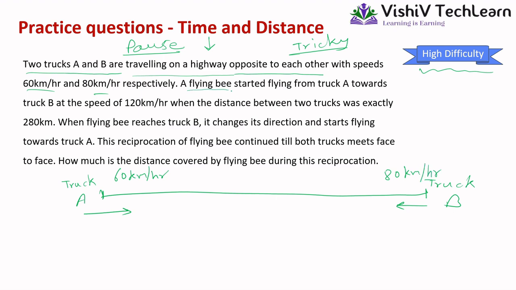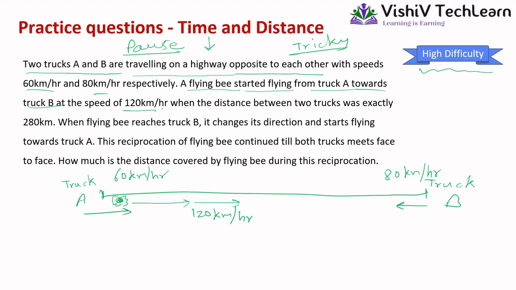Now there is a flying bee which started flying from truck A. Let's say this is the flying bee which started flying from truck A towards truck B. So this flying bee has started from truck A towards truck B at the speed of 120 km per hour. The speed of this flying bee is very high, which is 120 km per hour.